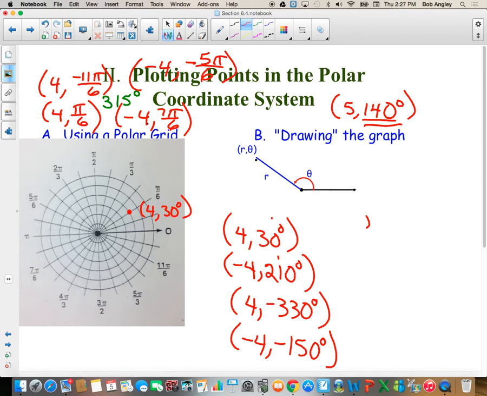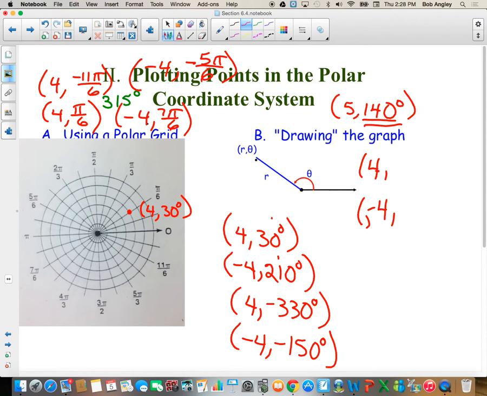Now, I want to make a few things for us to look at here. Let's work in degrees simply because it's easier to add the right degree measure than it is to add the right radian measure sometimes. Could we ever have a coordinate for that point that either did not have 4 as the first coordinate or did not have negative 4?